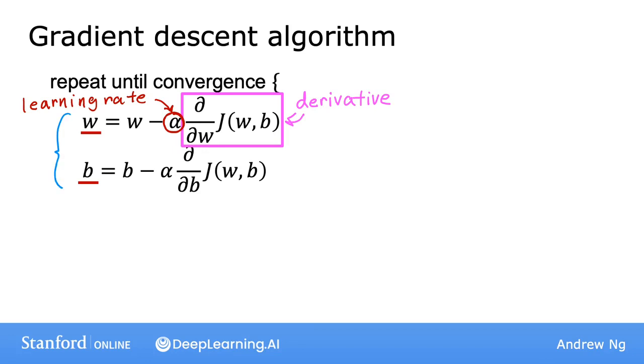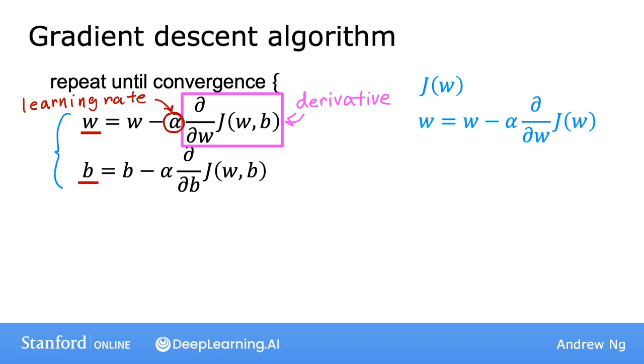In order to do this, let's use a slightly simpler example where we work on minimizing just one parameter. Let's say that you have a cost function j of just one parameter w, where w is a number. This means that gradient descent now looks like this: w is updated to w minus the learning rate alpha times d over dw of j of w.